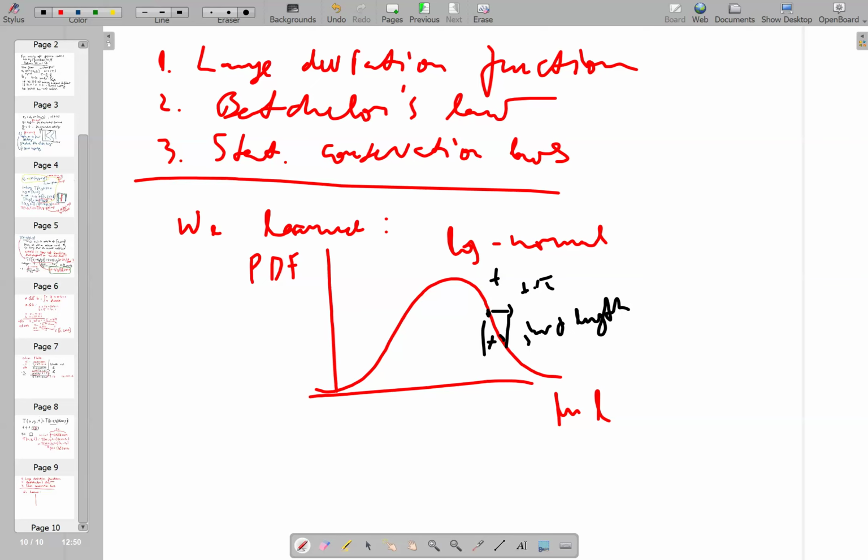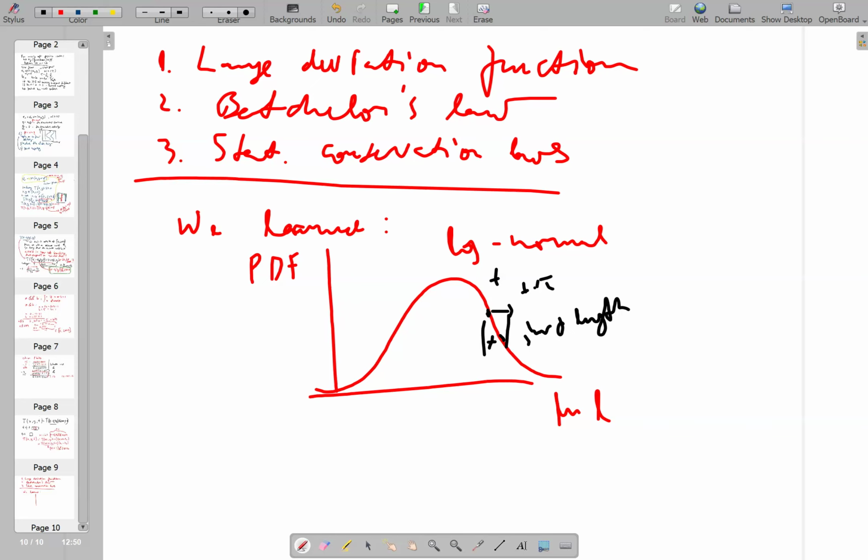And so now what comes into play is what is called the large deviation function. Because what sometimes matters is large events, very long increments or otherwise very short. In turbulence, quite often what you look for is extreme events, because extreme events can be important.